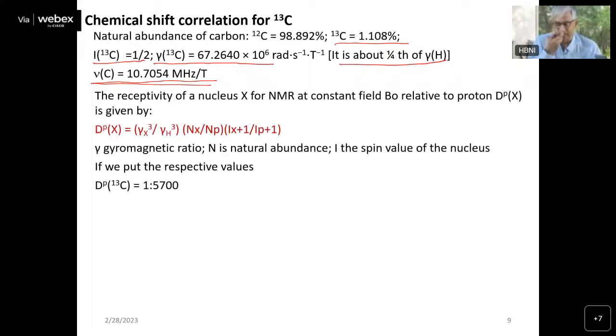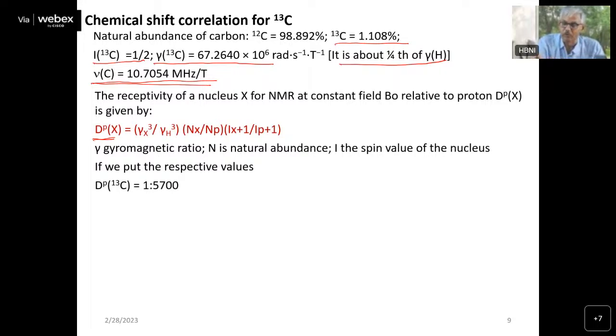So the receptivity of a nucleus for NMR at constant field B0 relative to proton is given by the relative receptivity, or you can say sensitivity, equal to the gyromagnetic ratio of that nucleus, here carbon-13, divided by the gyromagnetic ratio of the proton, cubed, into Nx, the natural abundance of that nucleus.